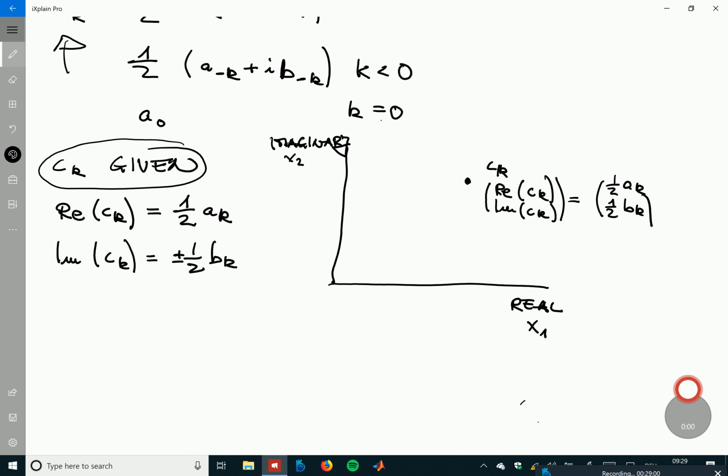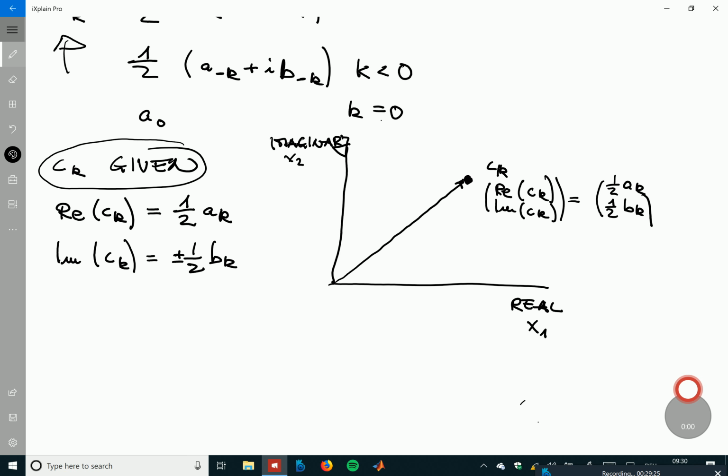Now, if we have this thing in the two-dimensional plane, we can of course also view this as a vector if we draw an arrow from the origin to this point. So this is still our number here.